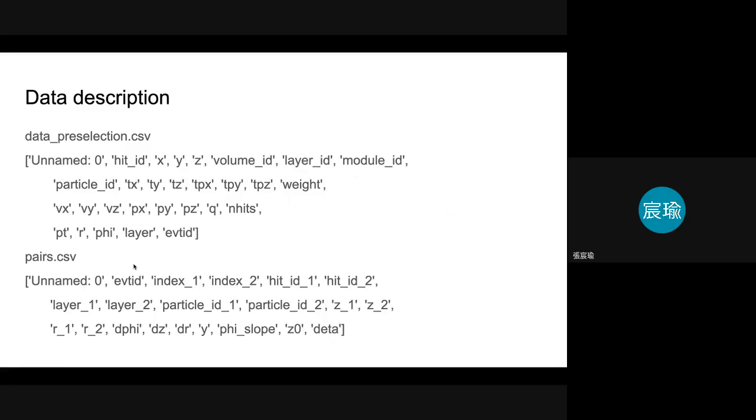For pairs, we merge the data by event and show it below. The Y is as described before. It is true or false, distinguished by particle ID.